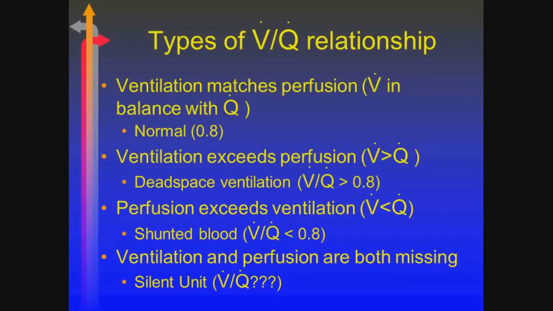But if you have no ventilation and no perfusion, I guess I would kind of call that dead. But in theory, at any given moment, there might be an alveolus that is neither perfused nor ventilated. I don't know what the VQ would be in that case because it's 0 over 0. So it's kind of a not zero. Well, but it's not 0 because true shunt would be 0. This is kind of lost in its own ozone lane.